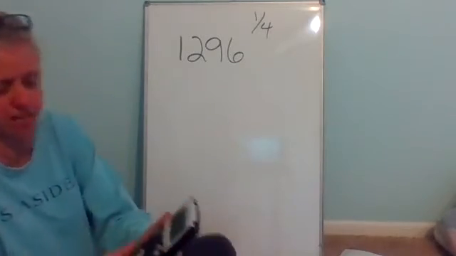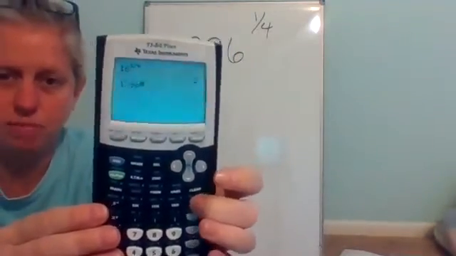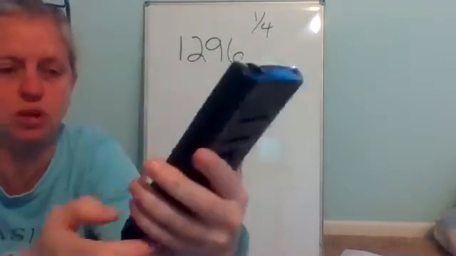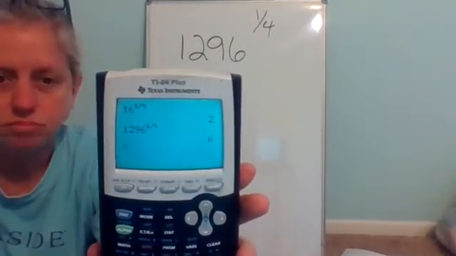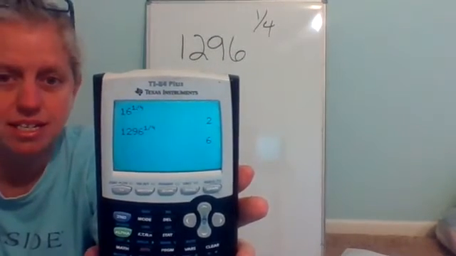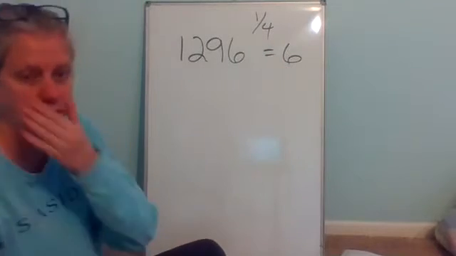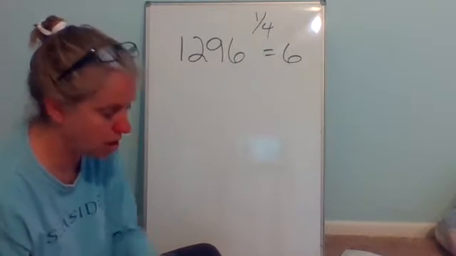So I'm just going to type it in my calculator. 1296. Go up into my exponent. My exponent is 1/4 again. So 1/4. And that number would be 6. All right, let's look at number 4.